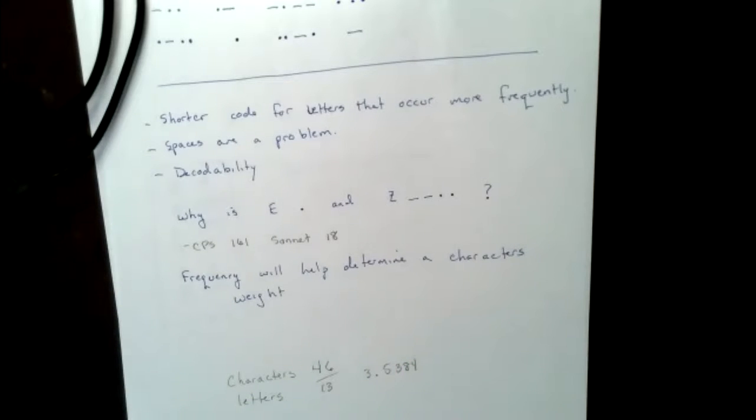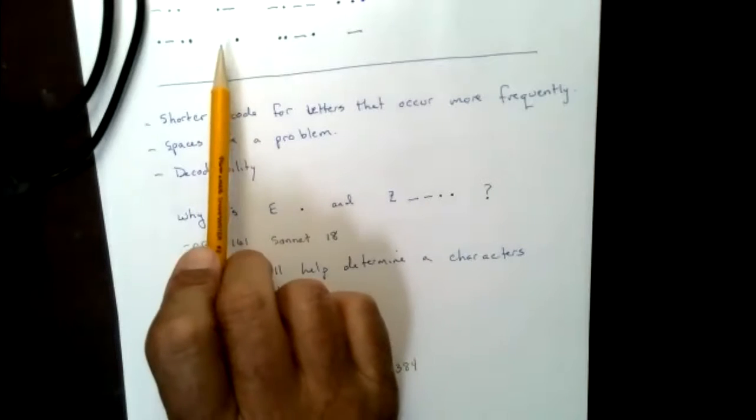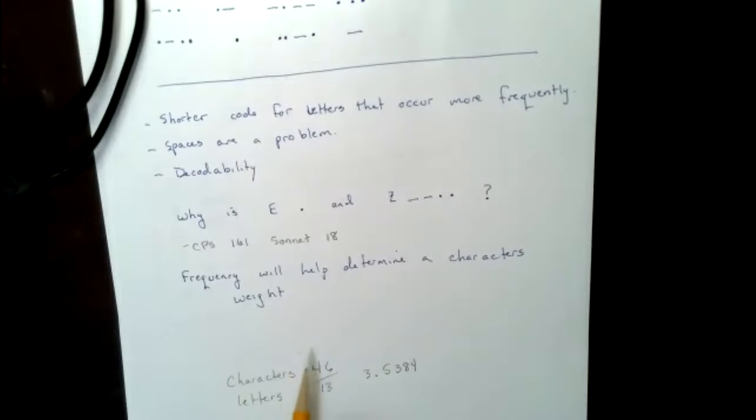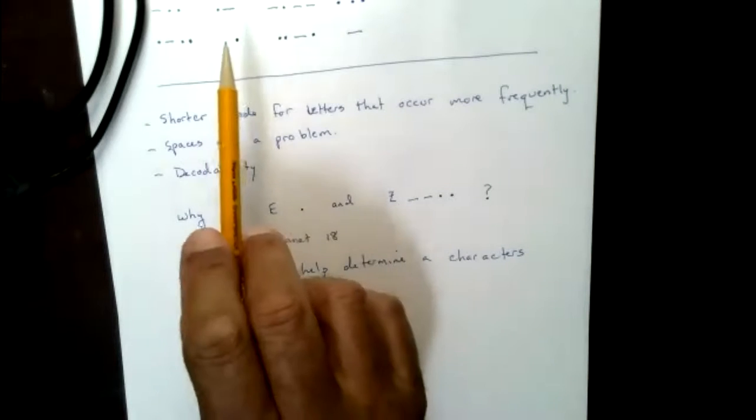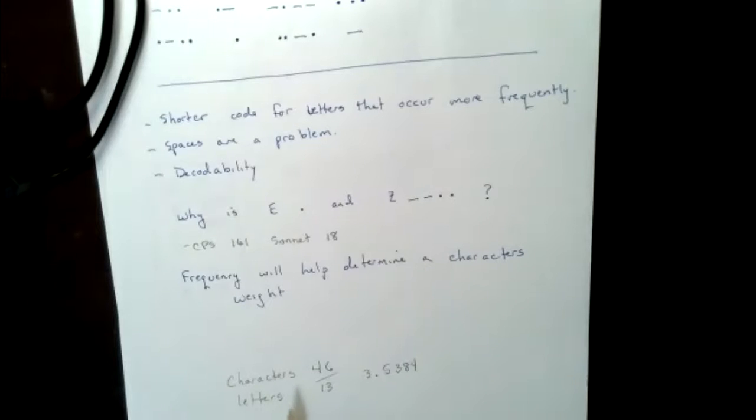Okay, so that means for every letter I wanted to use in Morse code, if I count the number of characters, dots and dashes, same as ones and zeros, divided by the number of letters, my average character length is 3.5.